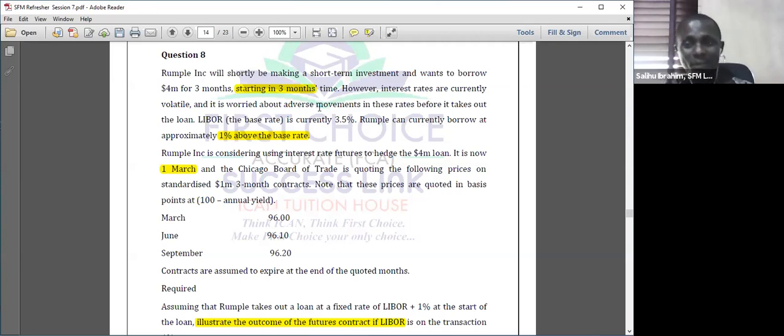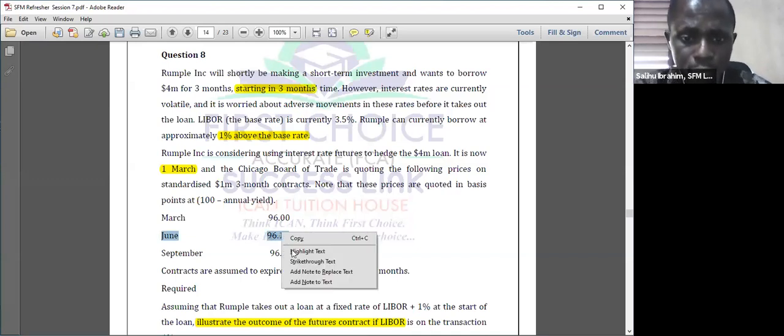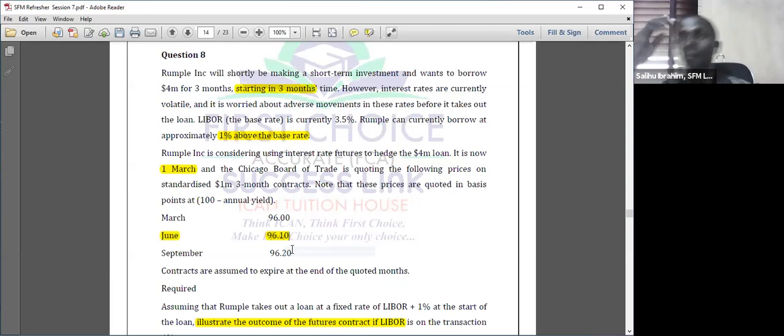After May 31, because May 31 becomes my transaction date, the contract that matures after my transaction date is the June contract. Can you see that? It is the June contract.